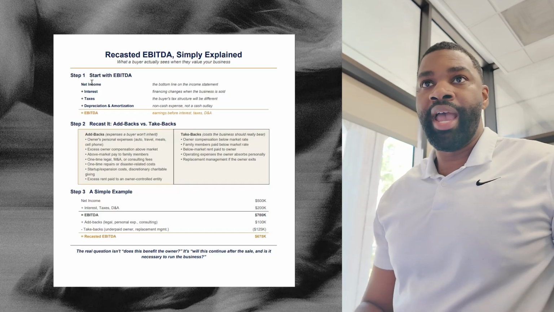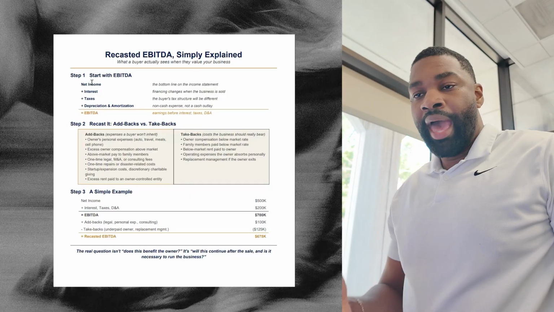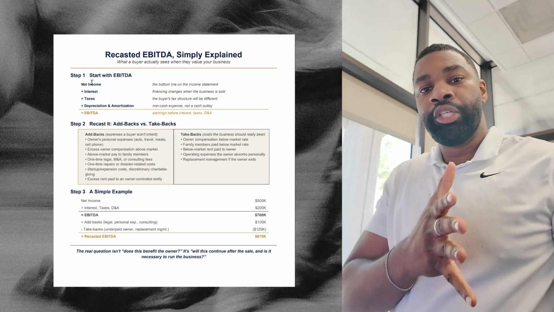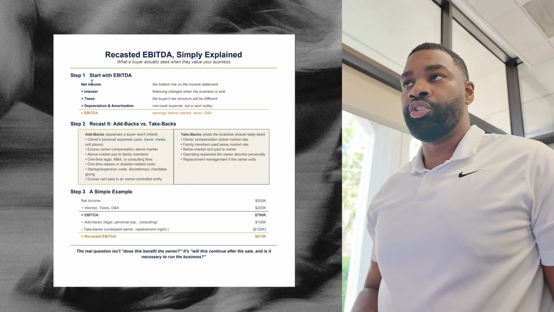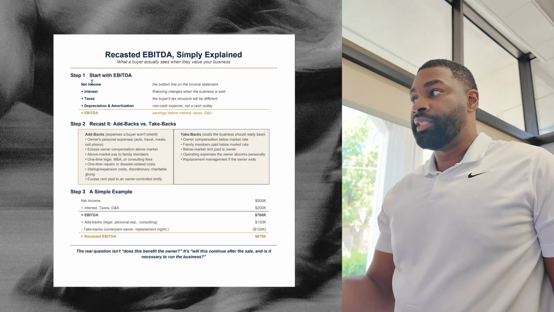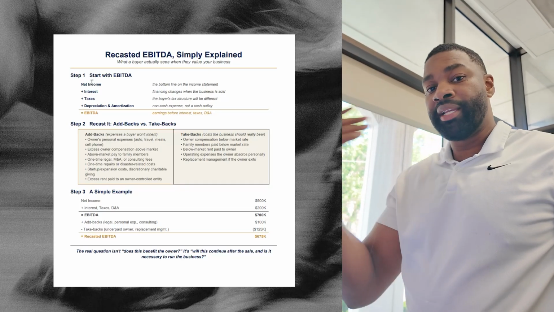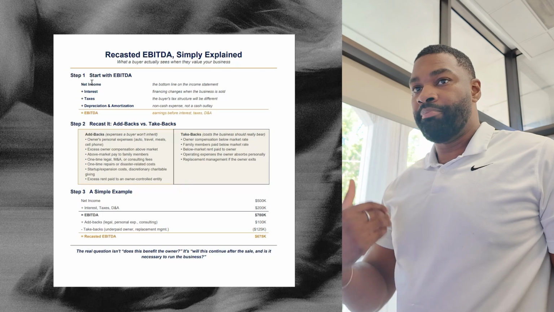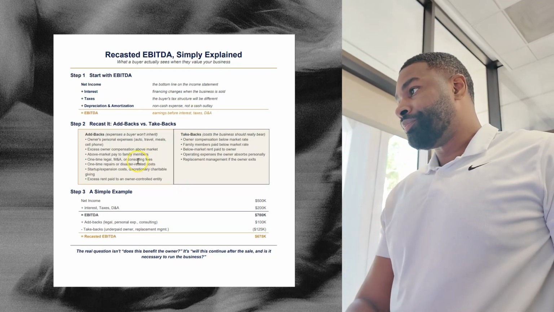It could be like you had a major cleanup and you had to pay your accountant $40,000. I don't expect you to have a major cleanup each year. Therefore, that was a one-time expense, and I'm going to add that expense back to the profitability because I don't expect that to be a recurring thing.